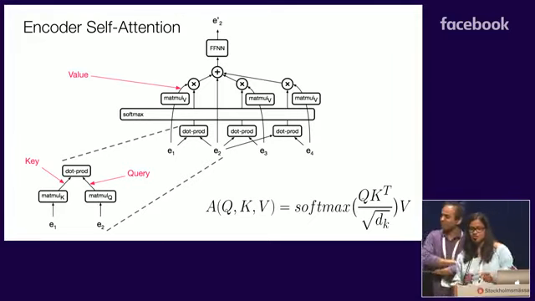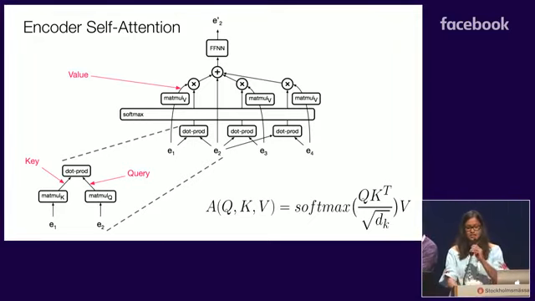Just a brief recap of self-attention: for every position, you transform it into queries, keys, and values. Then you calculate a compatibility score for each query with the keys, which acts as your attention weights. And then you use those to do a weighted combination of the values to generate a new representation for every position.